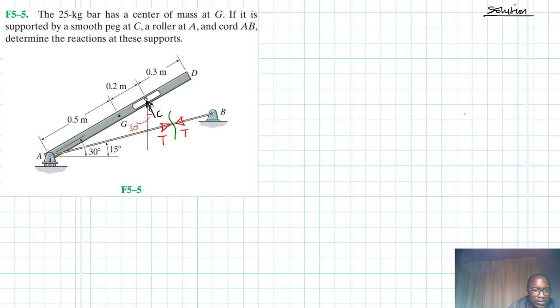So maybe I just write it inside this angle. So this is the 30 degrees.